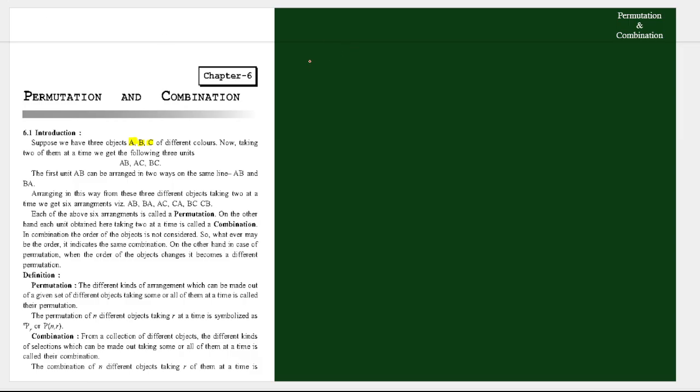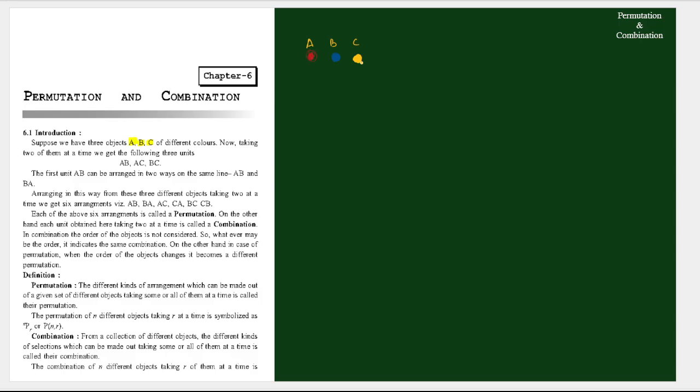Say one of them is red. Then we also can have blue. Then we can have yellow. So these are the three colors. Say this is our A, this is our B, this is our C.